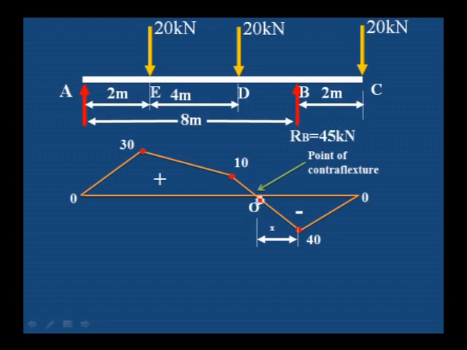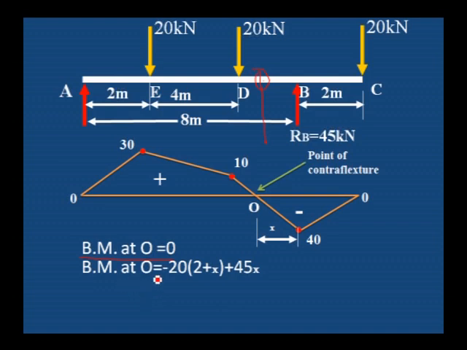That is, bending moment is equal to 0 at this point, at a distance of x from B. We have marked this as the O point, where bending moment is 0. It will come somewhere here. We have to take the moment about this point, right side or left side.